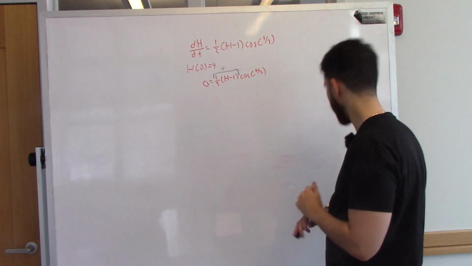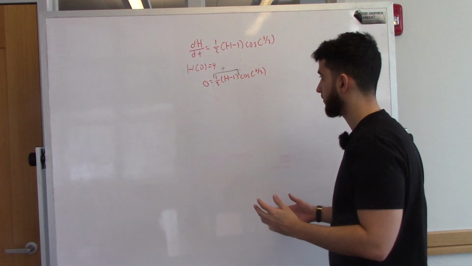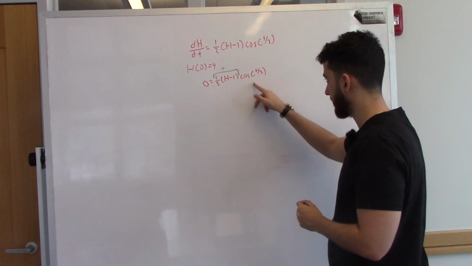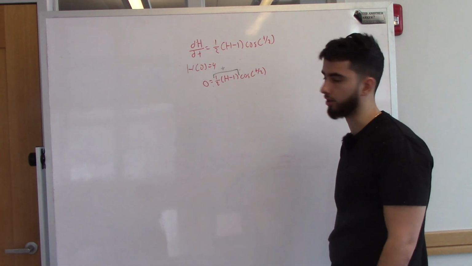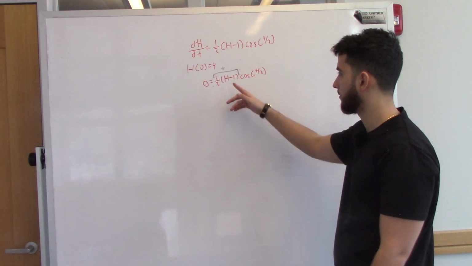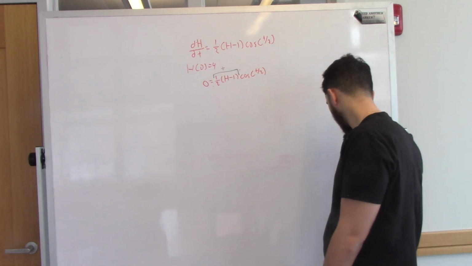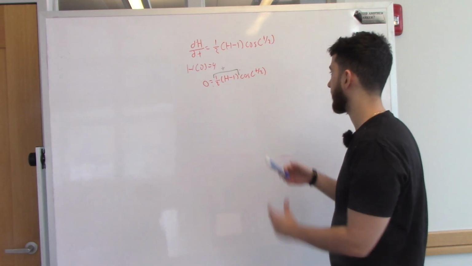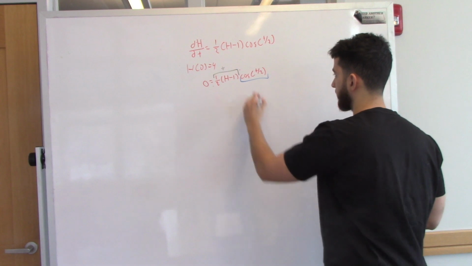Why does that matter? Because we need to get 0. And this is all being multiplied, so how can we get 0? Well, we can't do anything to the half, that's just a constant. h is always greater than 1, so it can't be 0 here. It'll always be positive. Which means we need to manipulate the cosine of t over 2 to get 0.